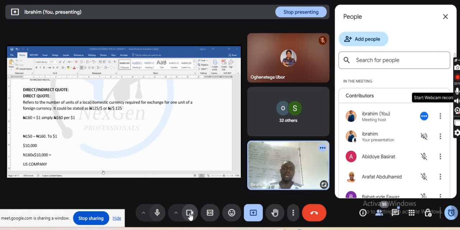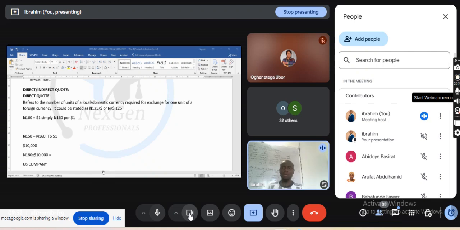Now they could give you 160 naira to 1 euro. When you have 160 naira to 1 euro, the first question you should ask yourself is, where is the home base, where is that company situated? Where is the country? Is it a Nigerian company or another country?